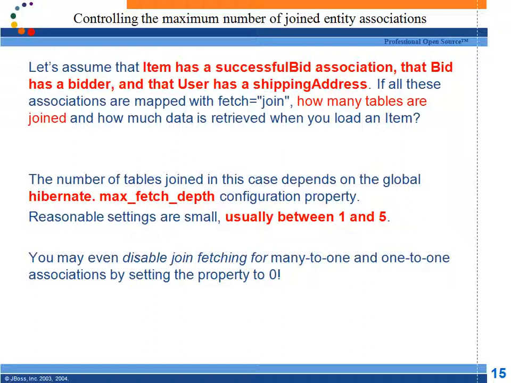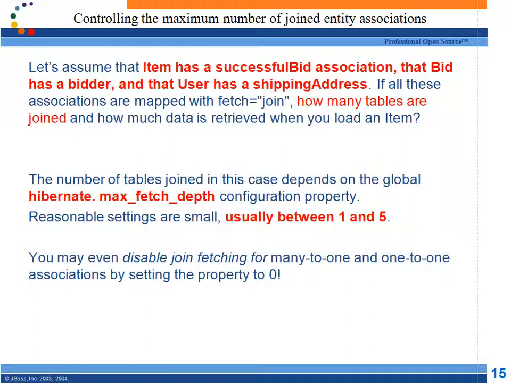It is using outer joins for getting all the details, right? So as the number of outer joins increases, it is not good. The number of tables joined in this case, if the number of outer joins is increasing, then it is not good, right?